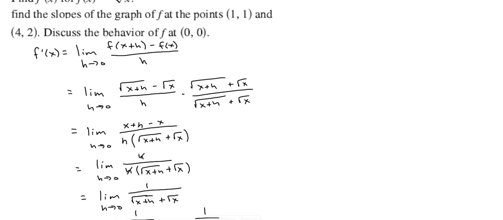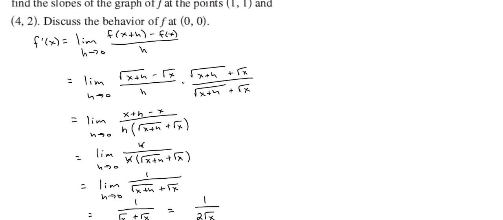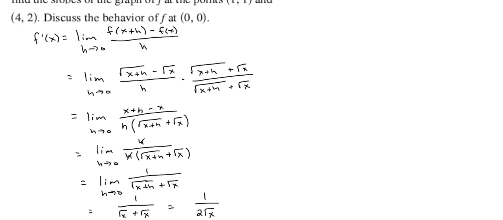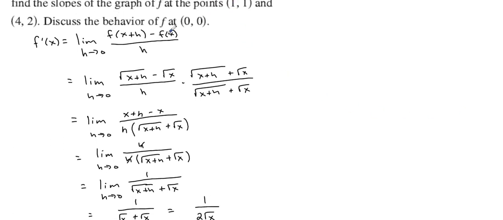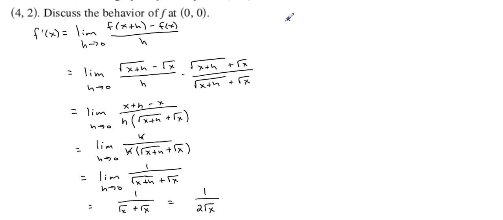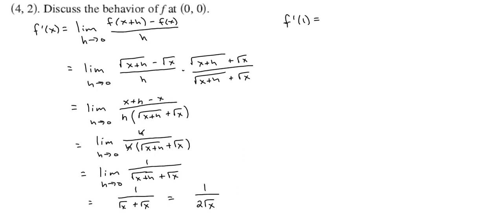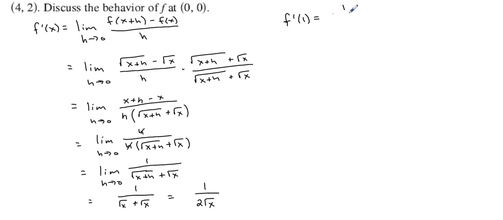Now we need to find the slopes of the graph, which means find the slopes of the tangent lines. So we need to find f prime of 1 and f prime of 4. Let's do it. F prime of 1 equals 1 over 2 square root of 1.